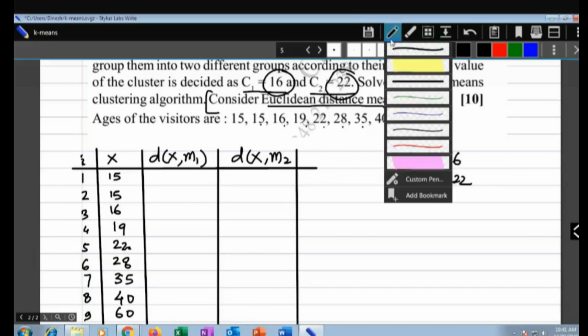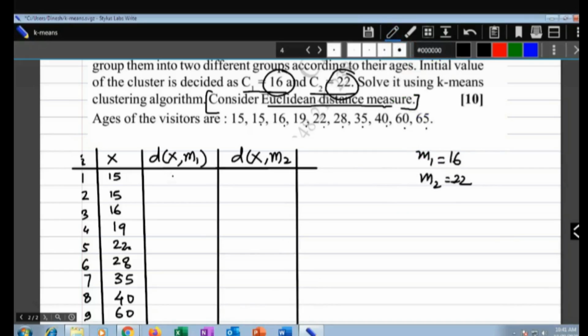Now tell me, how do you find this particular value? The distance of 15 with M1, 16, will be 15 minus 16, whole square, and then under root of it. 15 minus 16 is minus 1, squared, so this will ultimately be root 1.